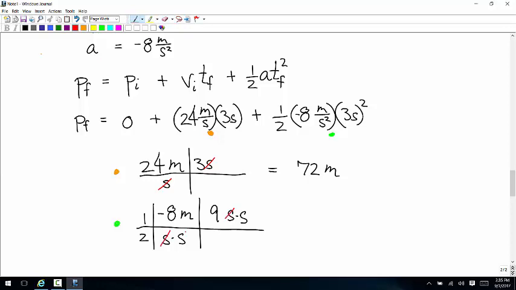So all the seconds cancel, and we get negative 36 meters.